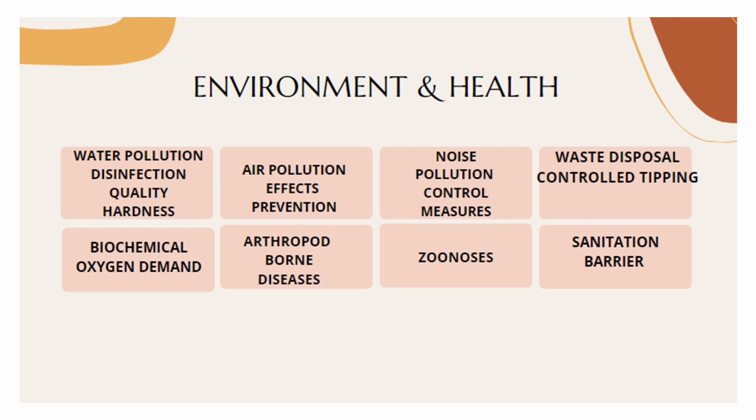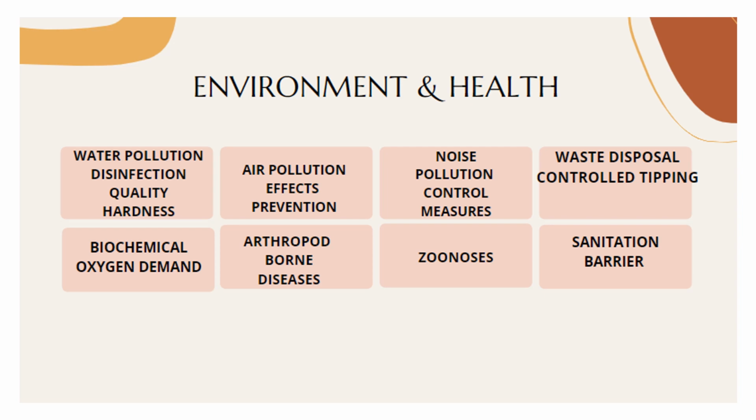Coming to environment and health, water pollution, air pollution and noise pollution are three major areas which you should be focusing on. In water pollution, disinfection of water, water quality adjustment, water hardness are very important areas. In air pollution, the effects of air pollution, in noise pollution, the control measures, and of course, in context of all this pollution, you should have a plan of how to prevent and control, because these are practical and often asked.